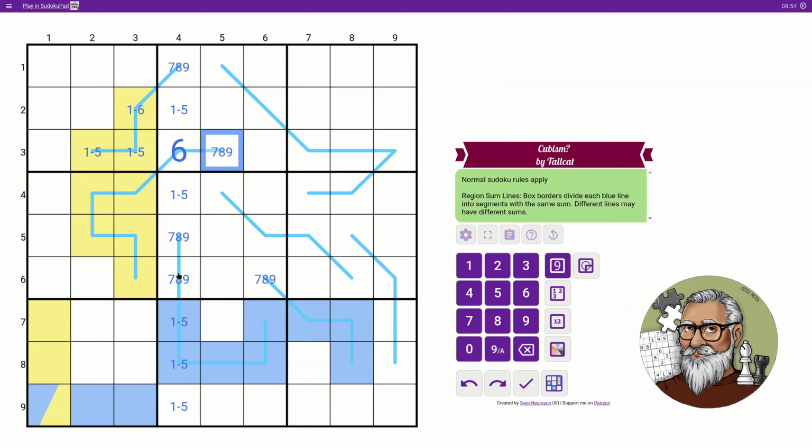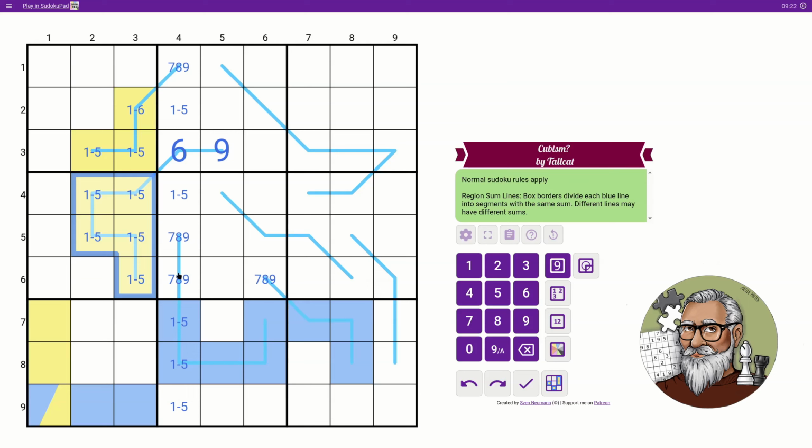If this is 6, then this is definitely 15. Oh, we're already further. I didn't see this quickly enough, even though I did put the 1 5 here. Well, I did have to eliminate 6 from these, so it wasn't a complete waste of time, let's say. So this is 1 2 3 4 5.